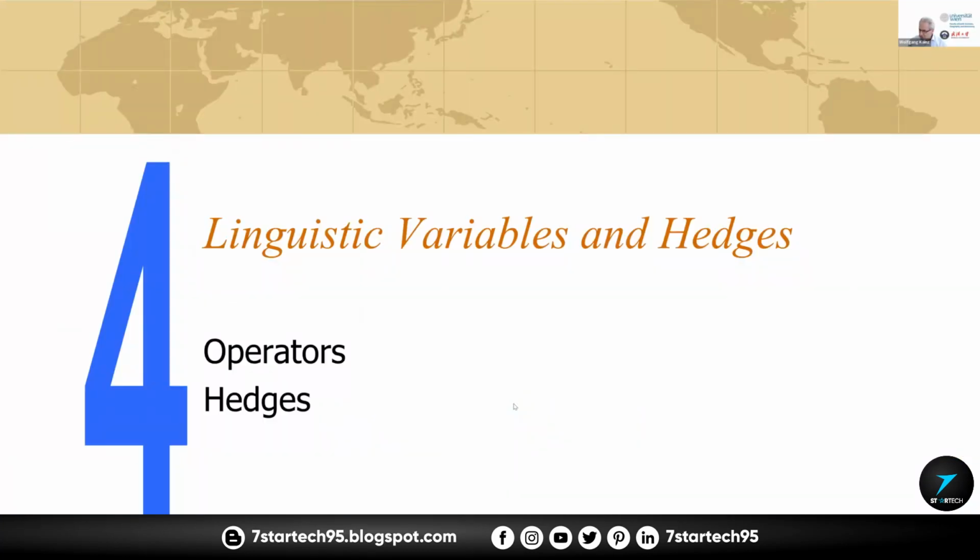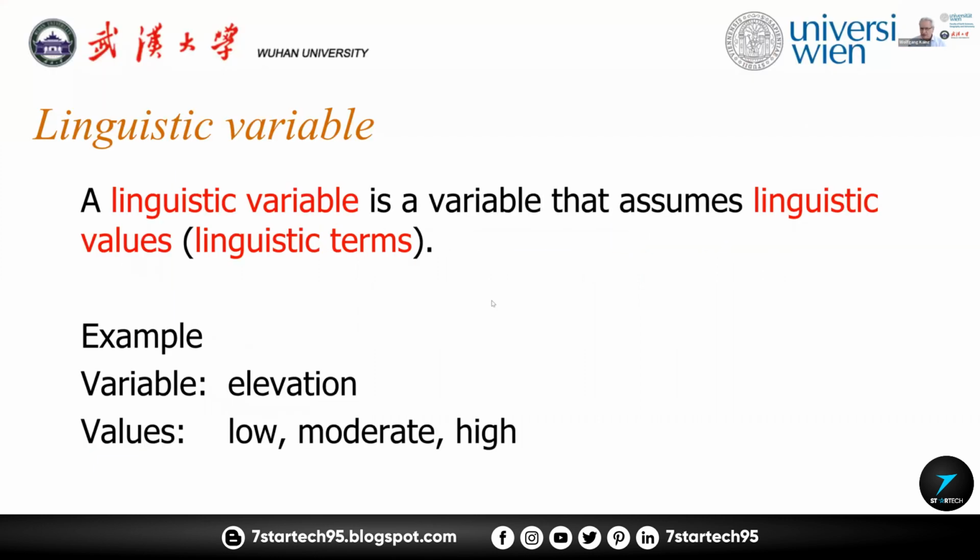Okay, so the topic of today is linguistic variables and hedges. So what does that mean? A linguistic variable is a kind of variable that assumes linguistic values, also called linguistic terms.